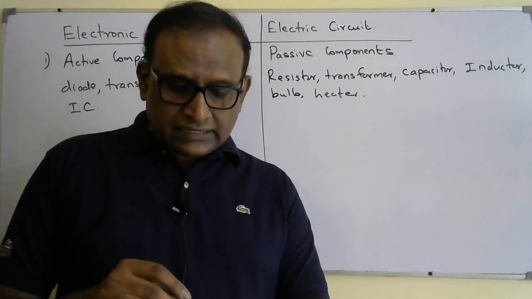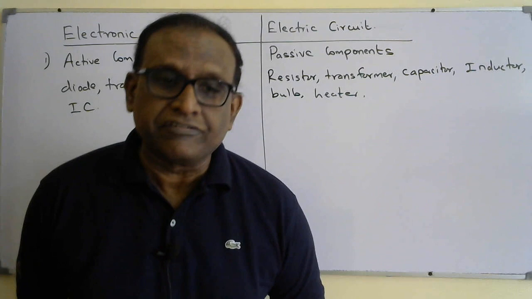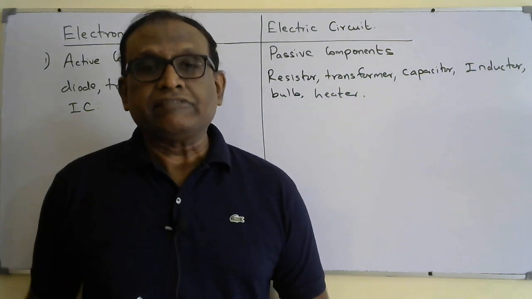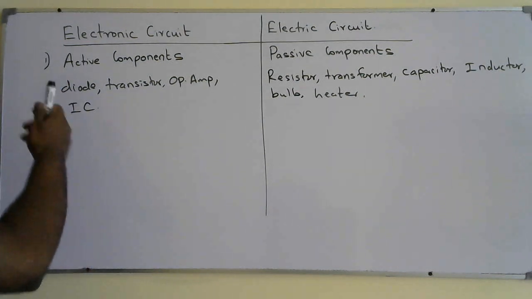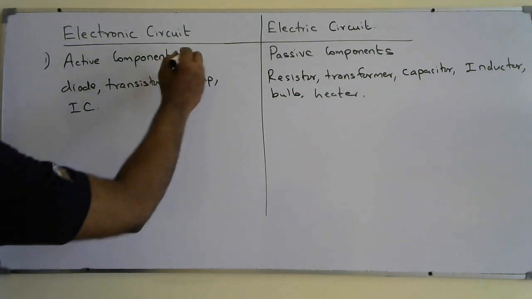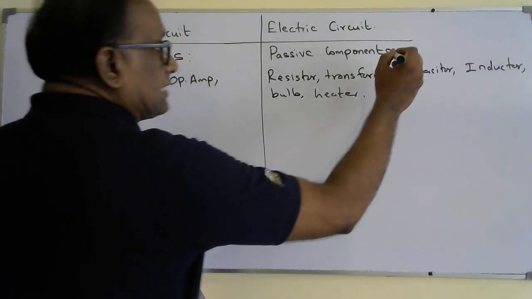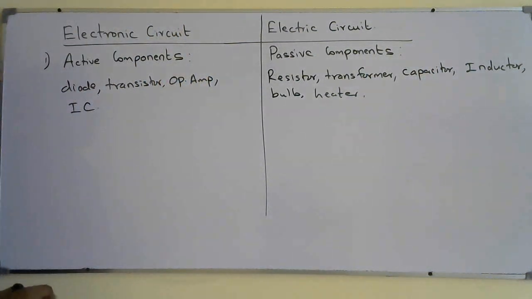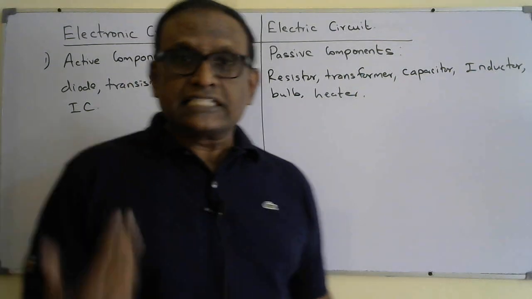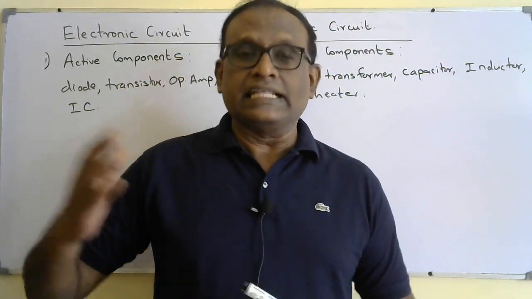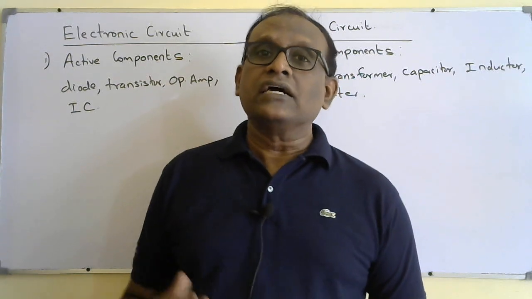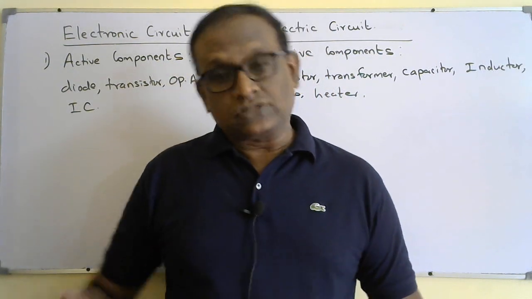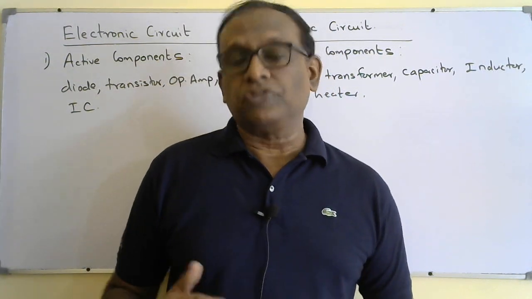So what is the significant difference between active components and passive components? Passive components respond to the electrical energy flowing through them, to the voltage applied across them, or to the current flowing through them.